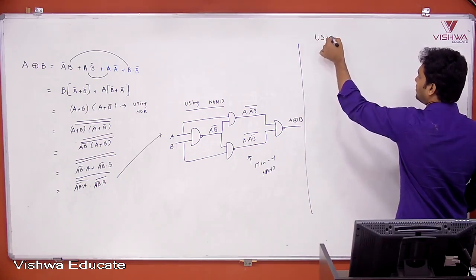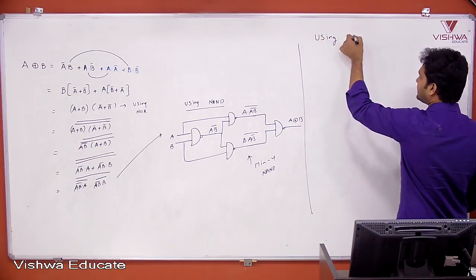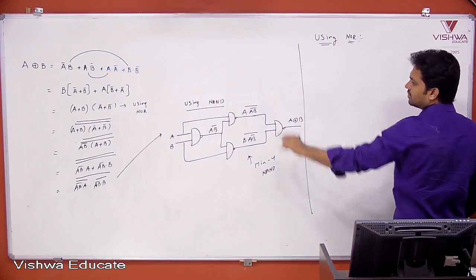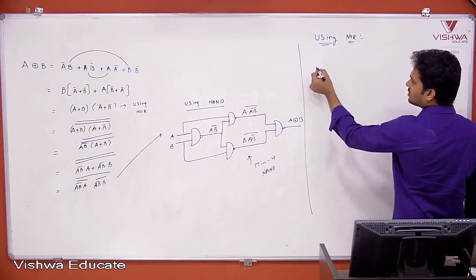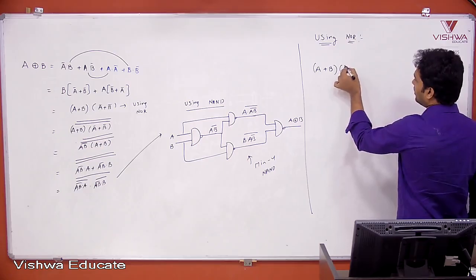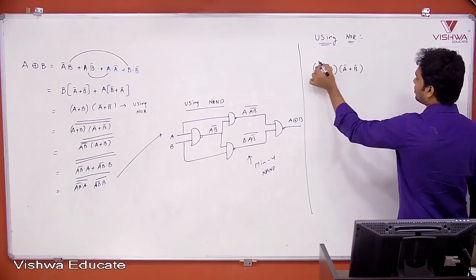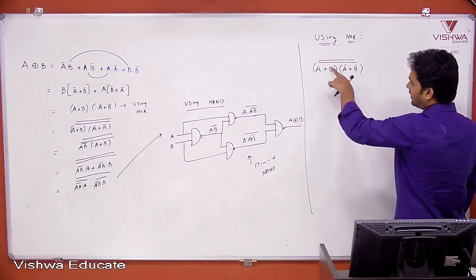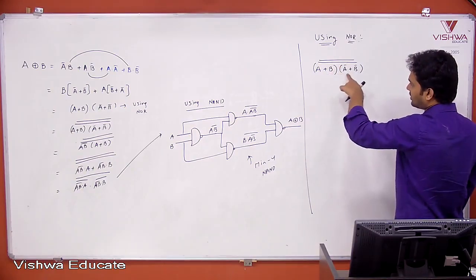Using NOR gates, the plus expression is there now. What is that expression? A plus B into A bar plus B bar whole bar whole bar. Now let us apply De Morgan's law, X into Y whole bar.